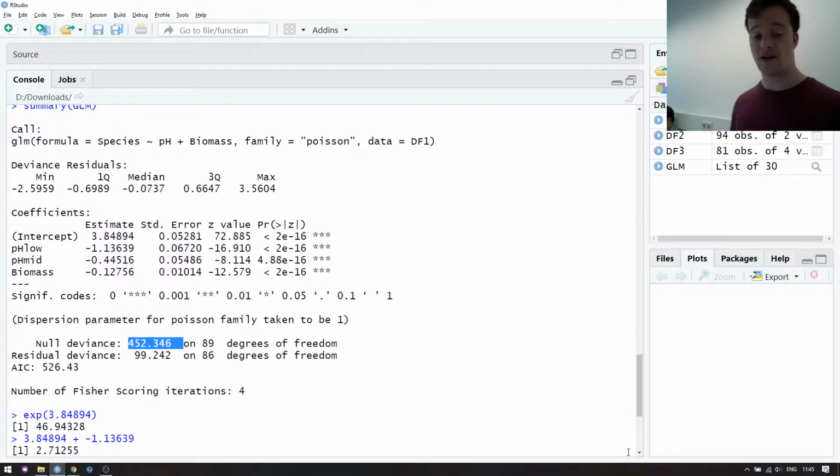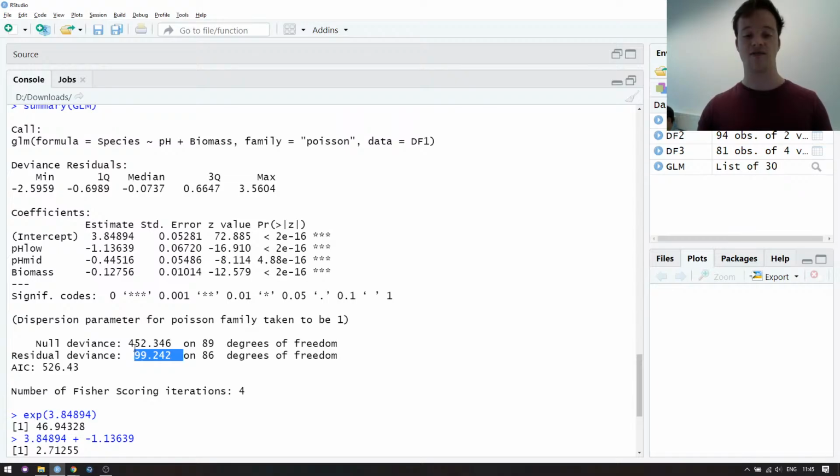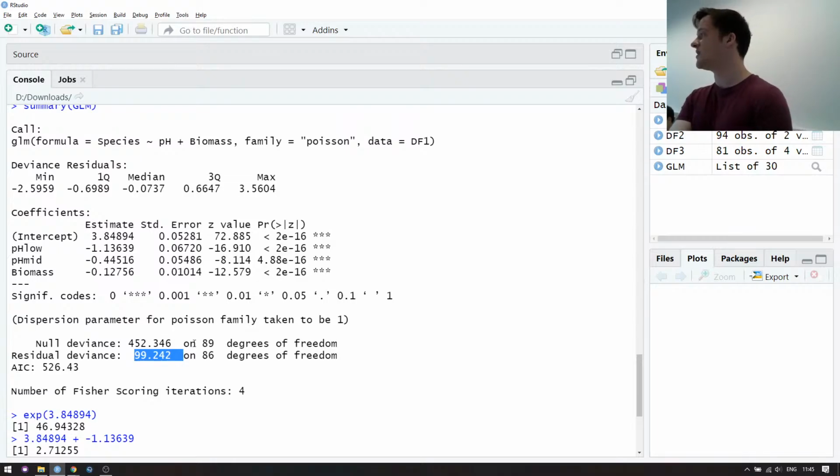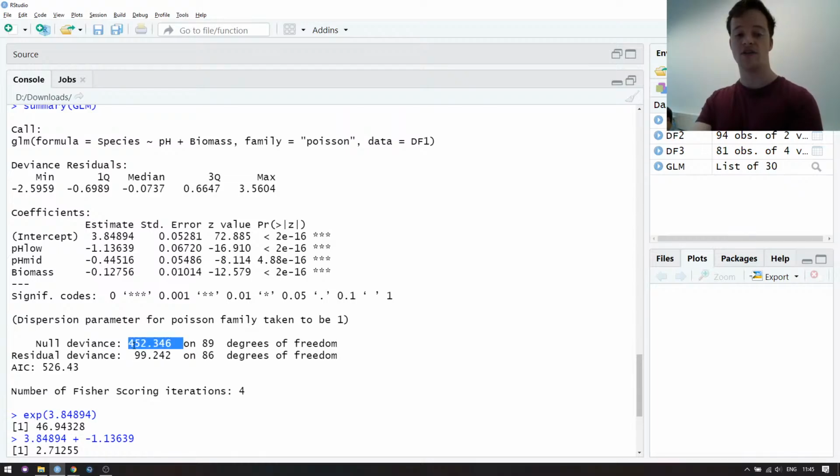Exact value doesn't really matter, but what does matter is how much of that dispersion is left after fitting this model. Yeah, and just like when we have R squared for normal models, we can say the variance explained. In the same manner, you can divide this residual deviance by the null deviance to get an estimate of how much of the dispersion has been explained, how much of the deviance has been explained.